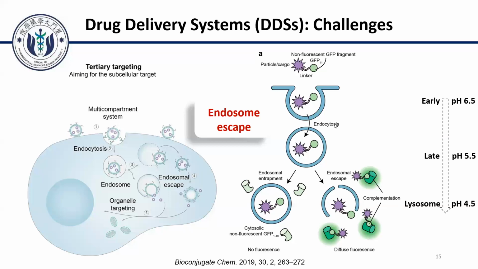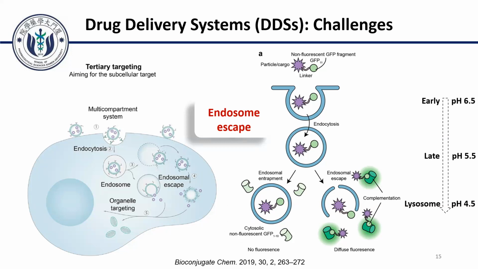We also know that from the early endosome to the late endosome, and especially down to the mature lysosome, there's a large pH decrease. From 7.4, our physiological pH, to 6.5 in the early endosome, 5.5 in the late endosome, to 4.5 in the lysosome. Under this low pH, especially protein-type drugs can be degraded, or may be degraded by the enzymes in the lysosome. That's also one of the reasons it's important to escape from the endosome or lysosome.